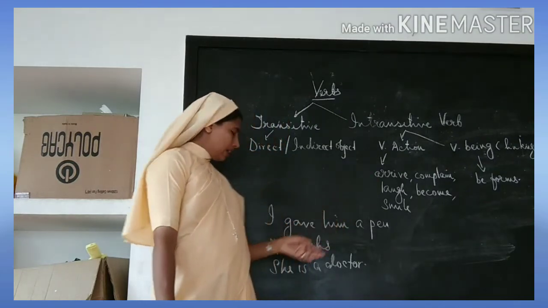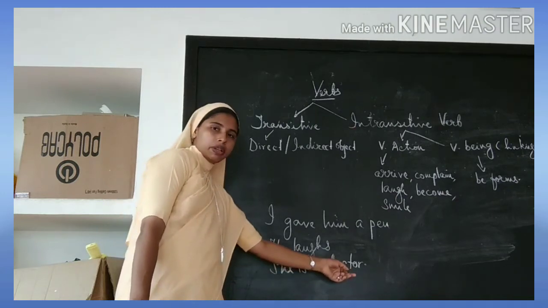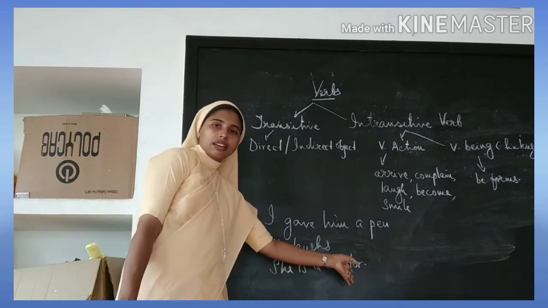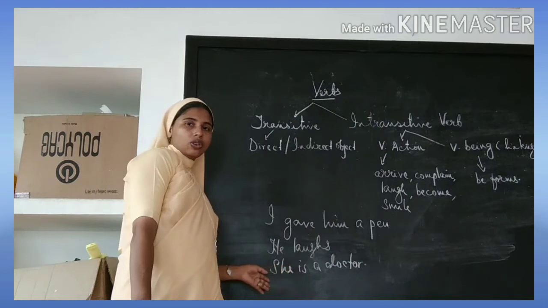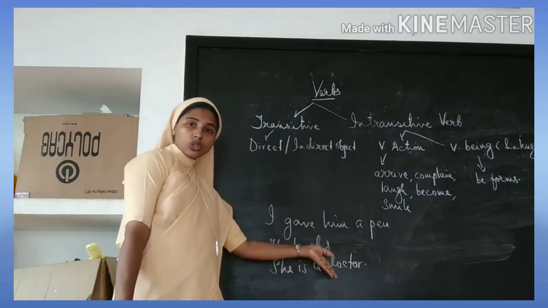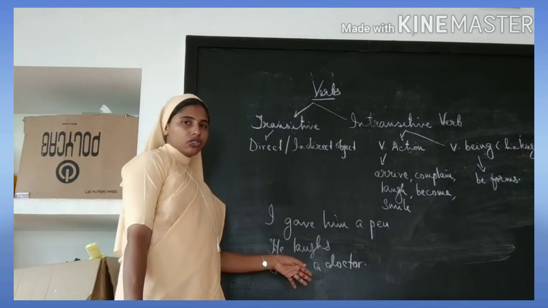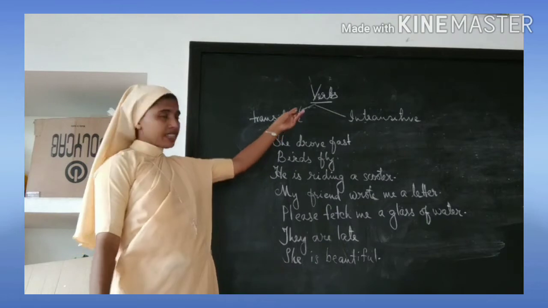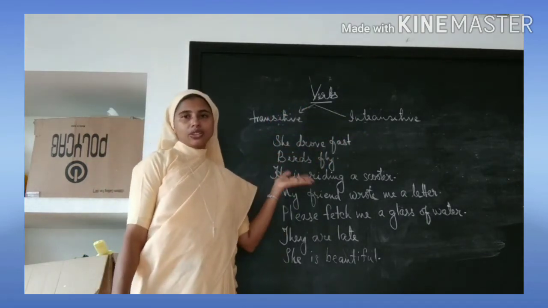Because they link the subject and the complement, or whatever is the last part of the sentence. So the verbs of being are also called by another name: linking verbs. Let's see more examples. I hope that transitive and intransitive verbs will be clear to you.